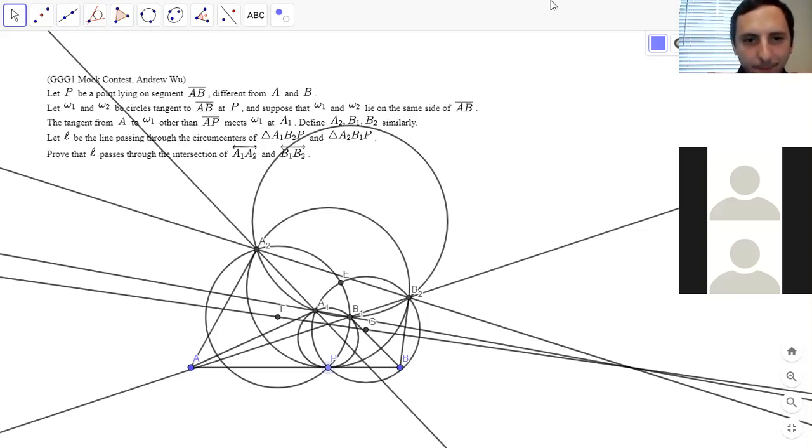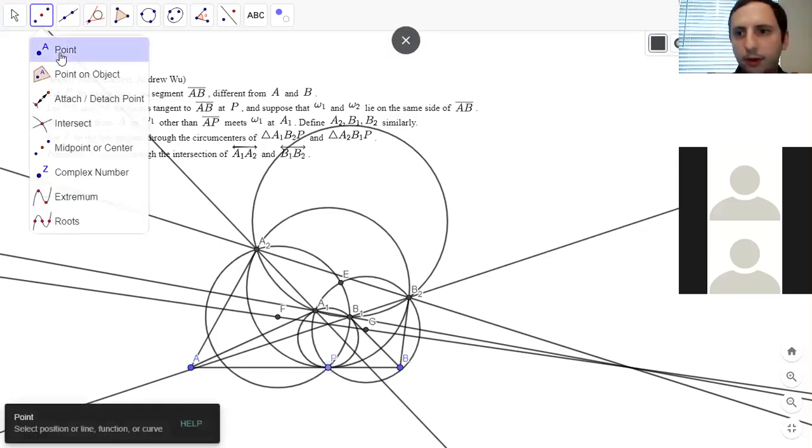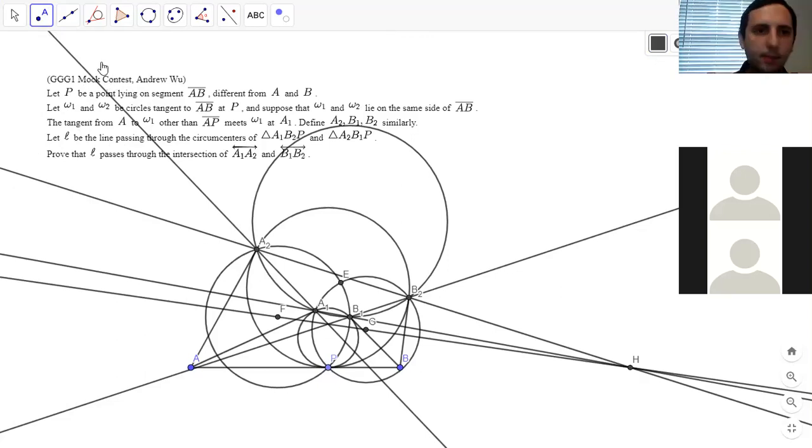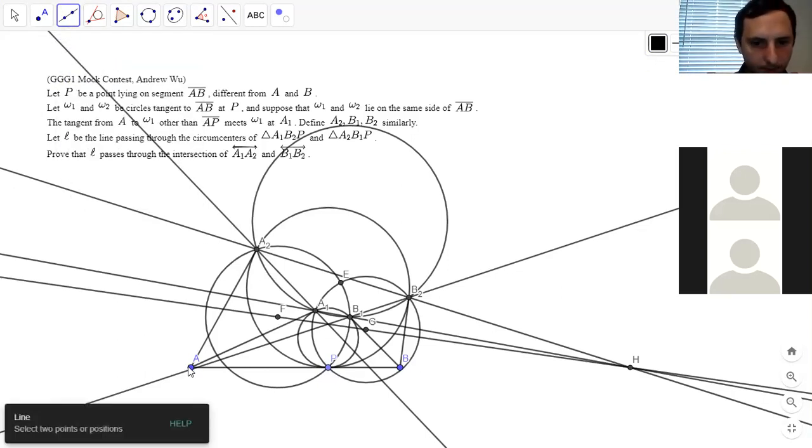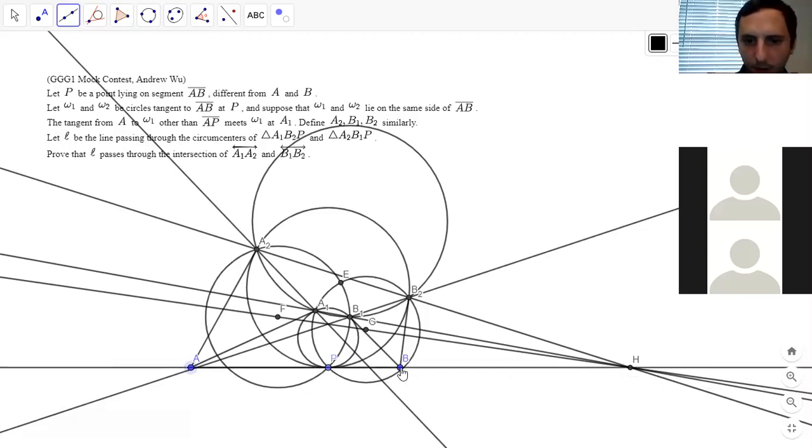Yeah, no, I agree. I'm going to hide A2B2, because I wanted to see. I'll just draw the point of concurrency right now. I don't think AB passes through that, right? Oh, it does. Huh, interesting.